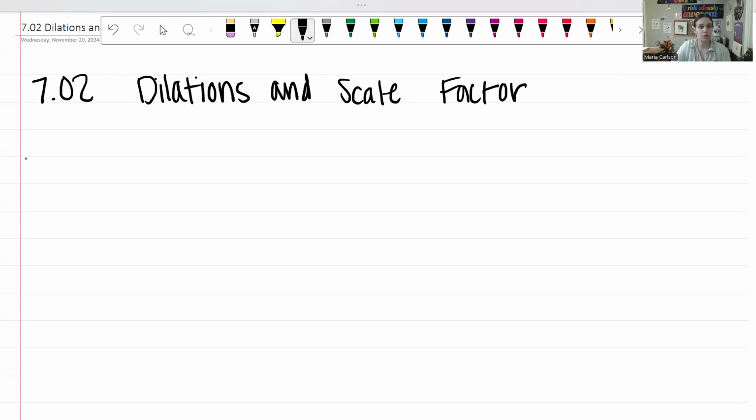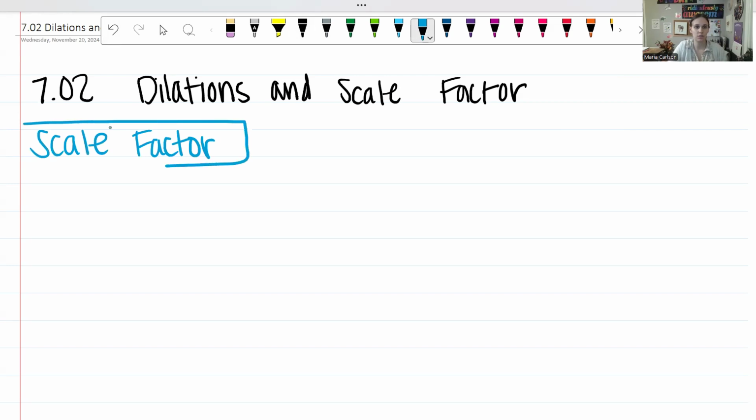So first, I want to remind us of the definition of scale factor, because we talked about this in our last lesson video and in our last lesson in general, but it's an important definition.